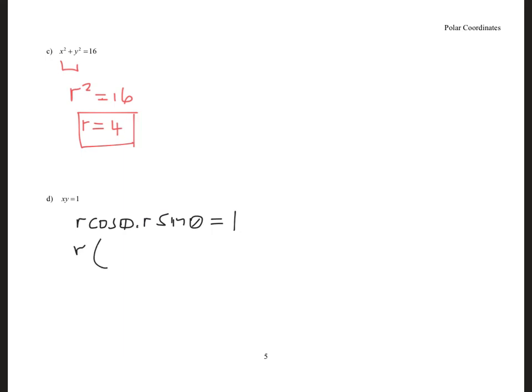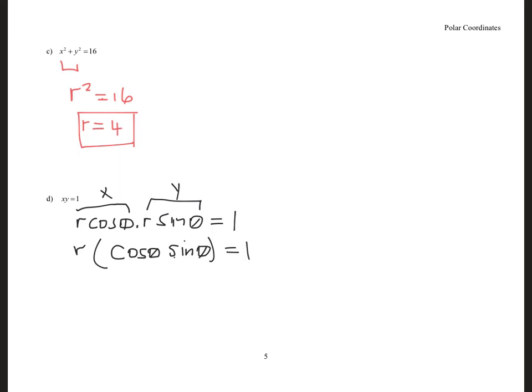So this is r squared times cosine of theta sine of theta. Remember, when I open this, it's just x, y. Okay, so this is equal to 1.